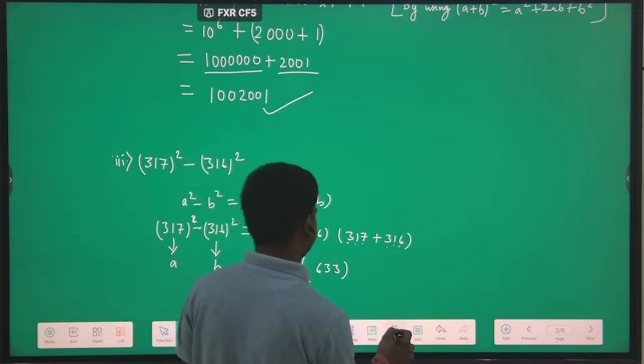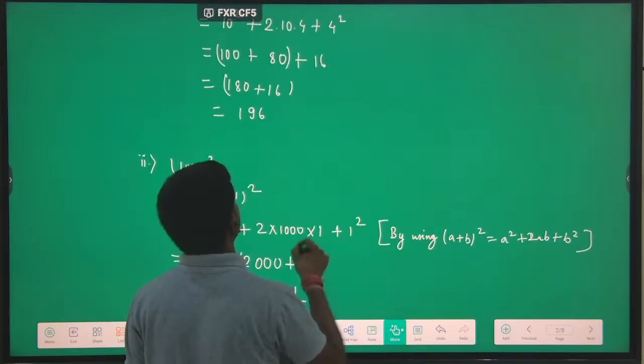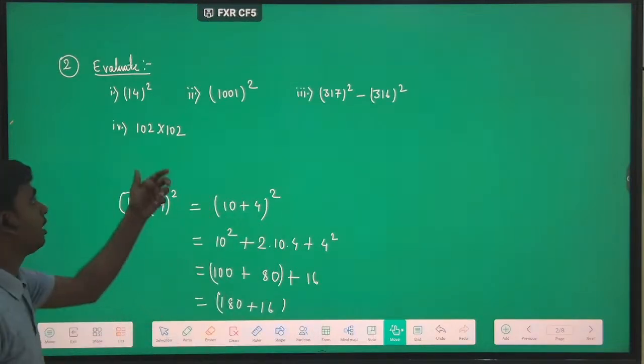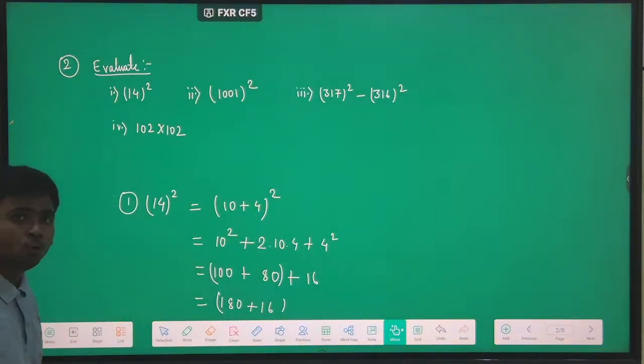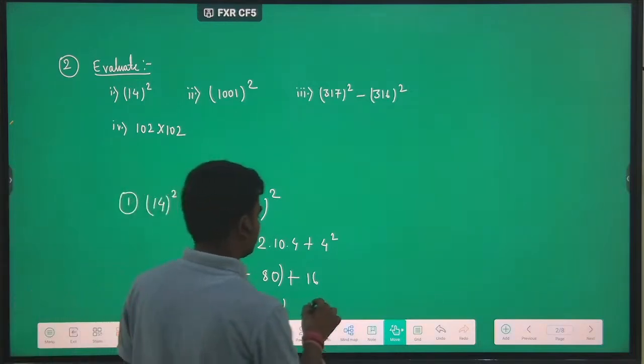Okay. Now, what is our fourth question? Our fourth question is we have to find out the value of 102 whole square. That means 102 into 102.